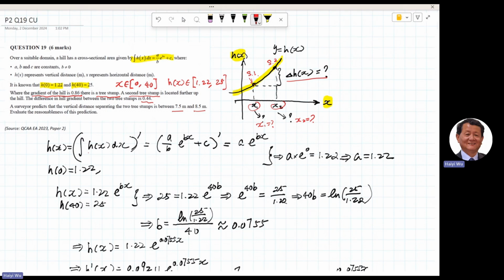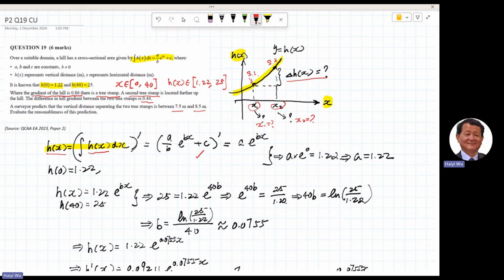If I want to find h(x), I can differentiate the integral. This is a very important concept: h(x) is the derivative of the integral of h(x) with respect to x. So we're going to differentiate that.